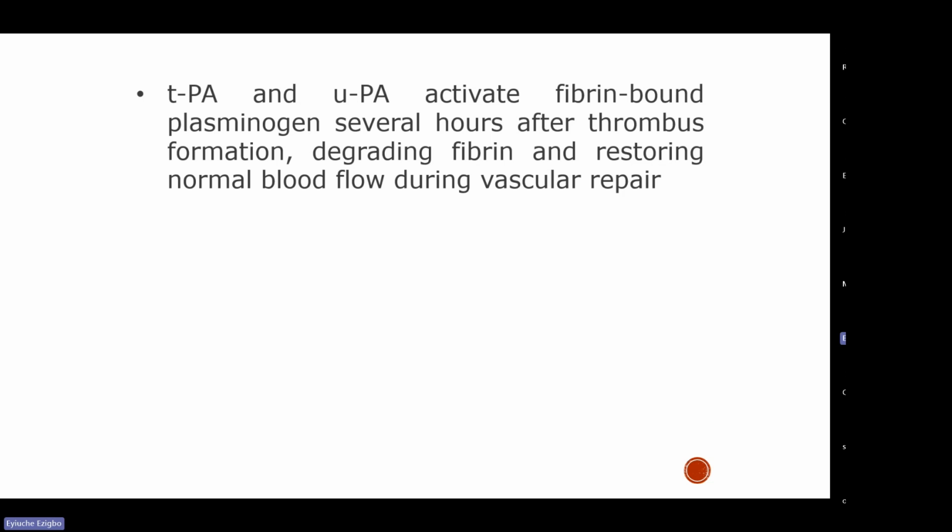TPA and UPA activate fibrin-bound plasminogen several hours after thrombus formation, degrading fibrin and restoring normal blood flow. So this tissue plasminogen activator activates the plasminogen that was bound to the fibrin as it is being formed. These plasminogen activators will activate this plasminogen, forming plasmin.